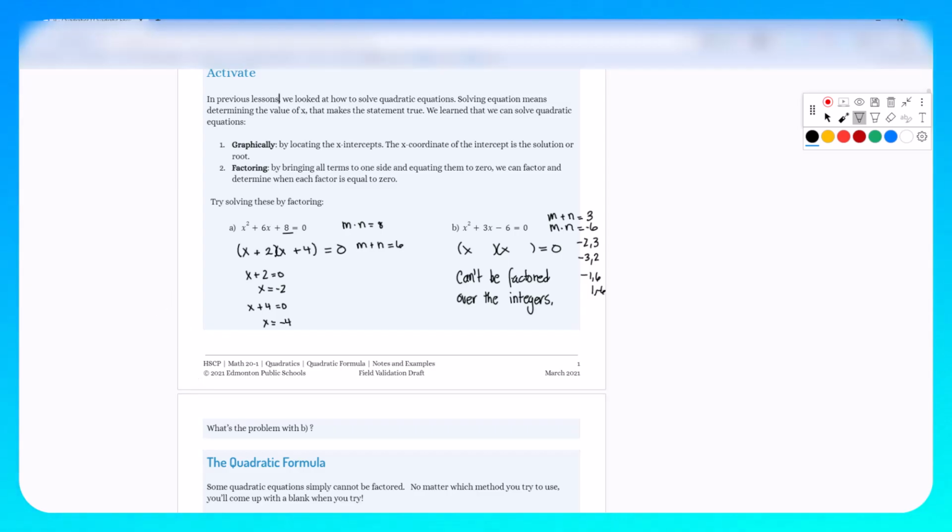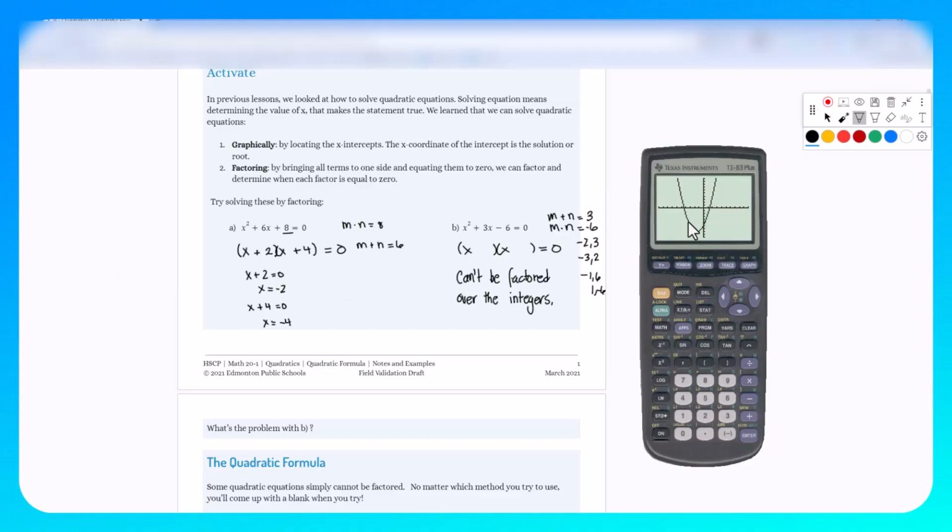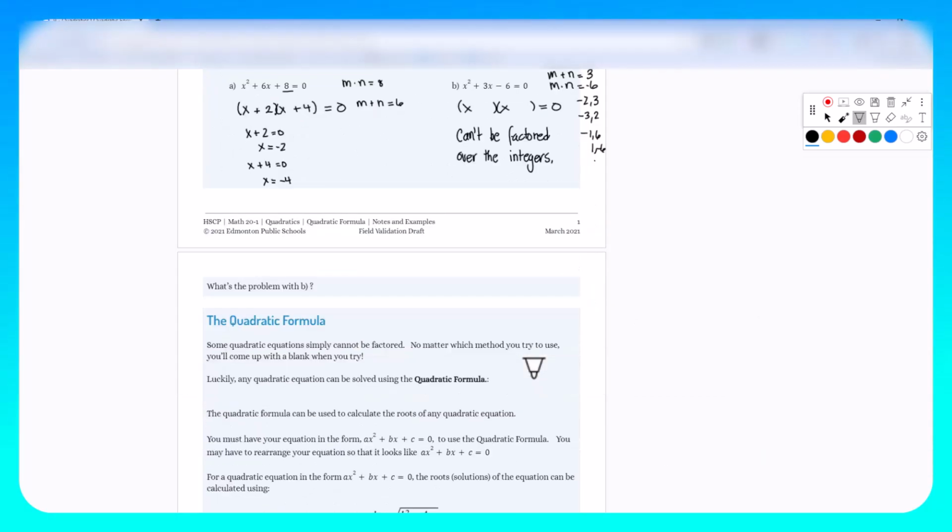Well, if we look at the graph of that, we can definitely see that there are solutions, but we can see that they're not integer values, which means if we were to use the calculator, we would have to use the second trace and the zero feature right here. But I don't want that. I want to do this algebraically.